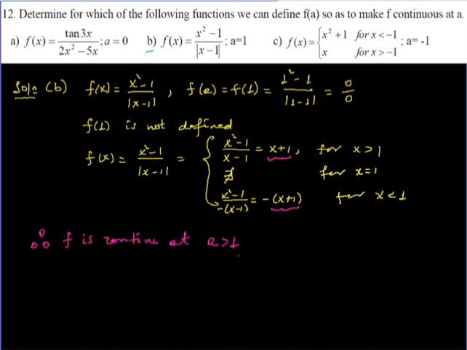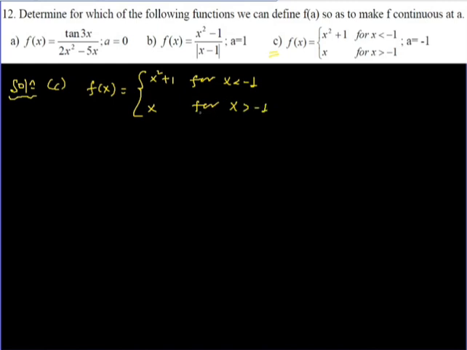For any a value greater than 1, this function is continuous, and for any a value which is less than 1, it's continuous. So shortly you can also say that f is continuous in the interval minus infinity to 1 or 1 up to infinity. So these are all the possible values of a. So these are the possible intervals of continuity. So any a value in this interval can make this function defined and continuous.